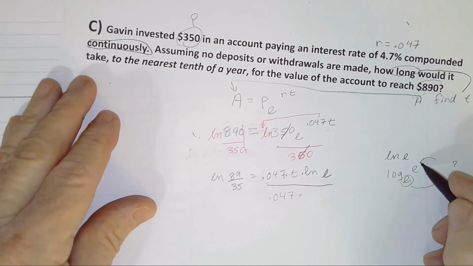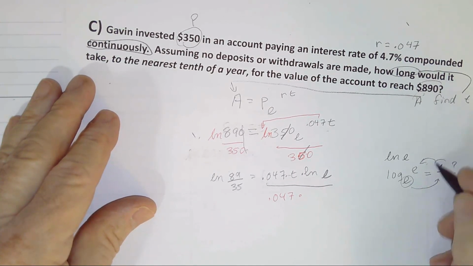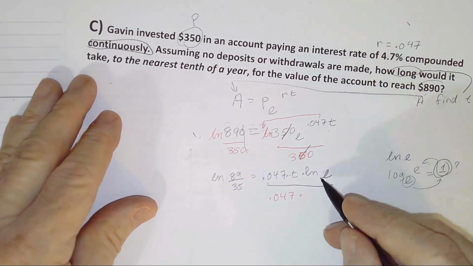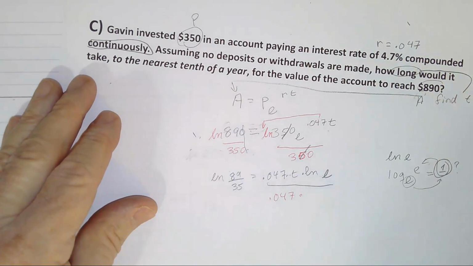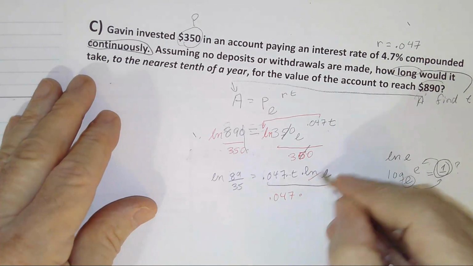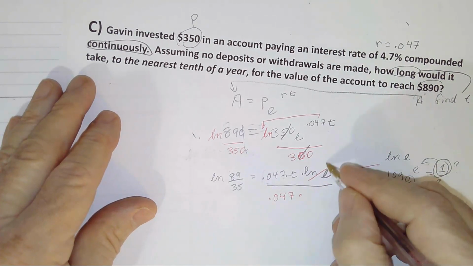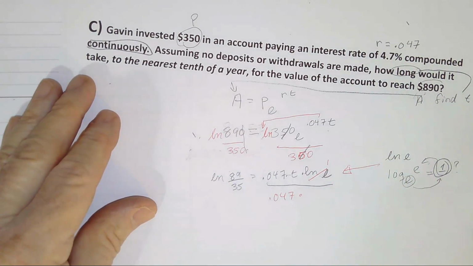The only answer is 1. So this becomes 1. Then we don't need to worry about it anymore.